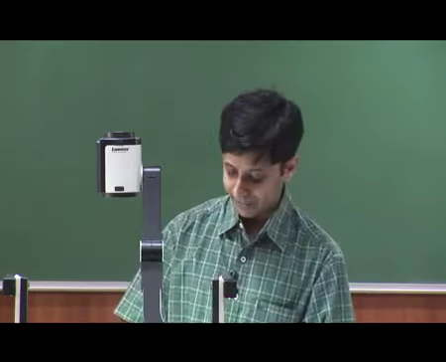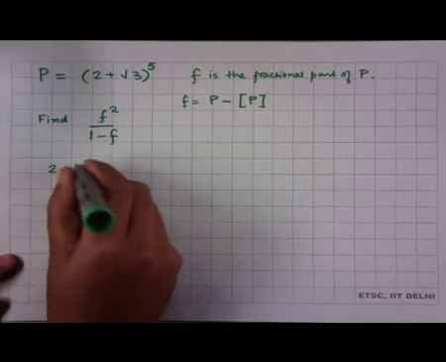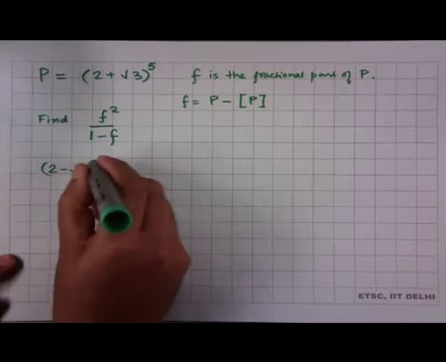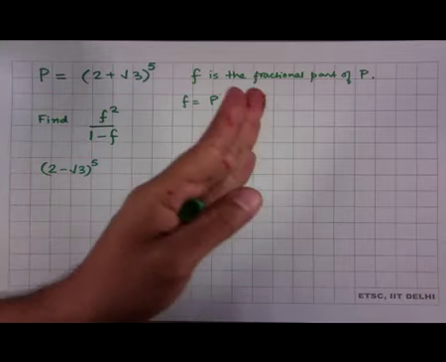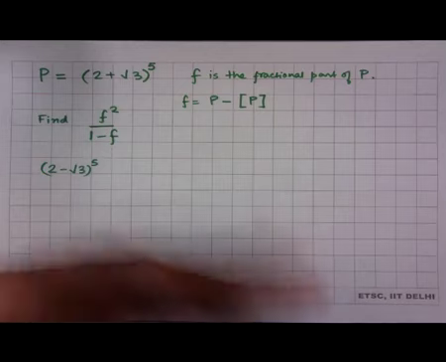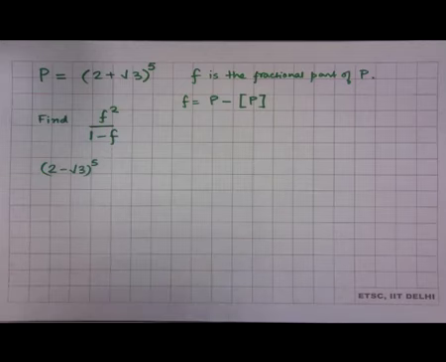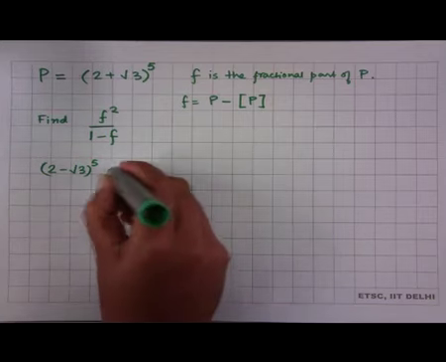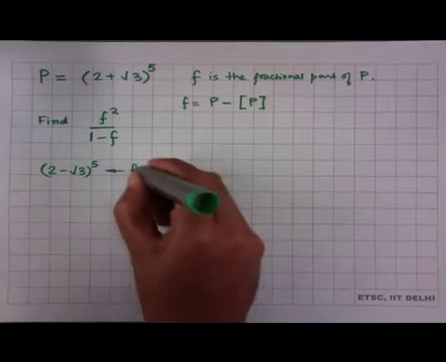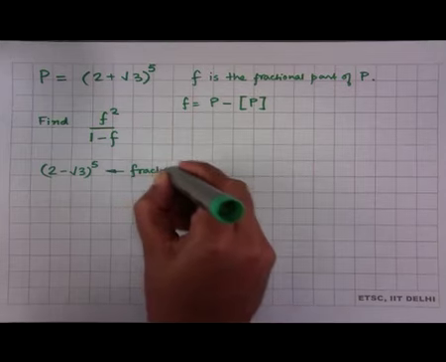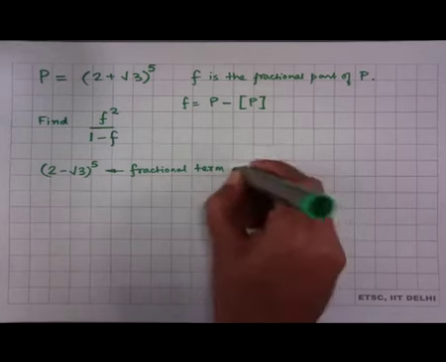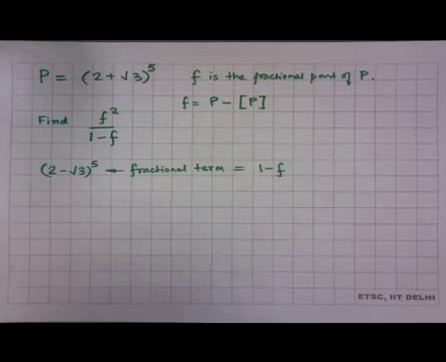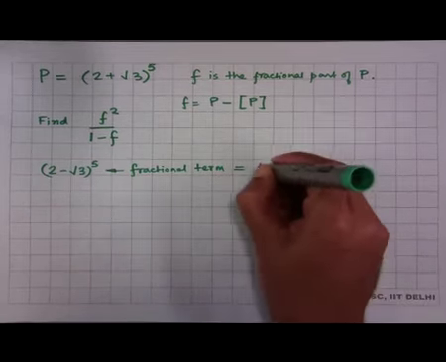If I look at (2 minus root 3) whole power 5, then I will get the same integer terms and the same root 3 terms, but the root 3 terms are all going to come with a negative sign, which means that the fractional term in this is nothing but 1 minus f.